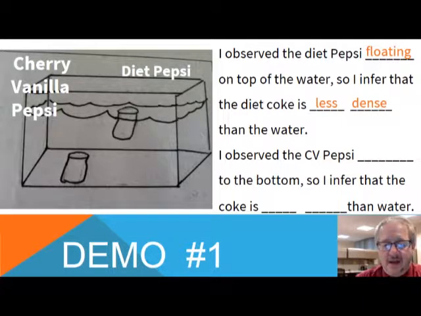Our second I observed sentence is, I observed the cherry vanilla, that's what CV stands for. I observed the cherry vanilla Pepsi sinking to the bottom, so I infer that the cherry vanilla Pepsi is more dense than the water.